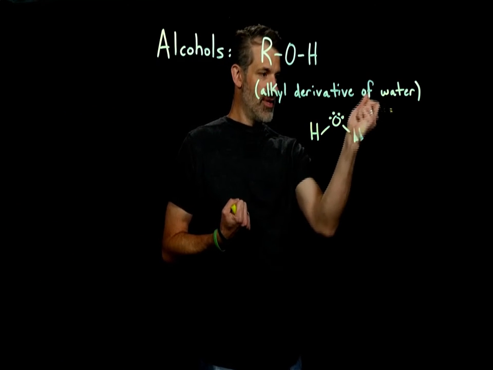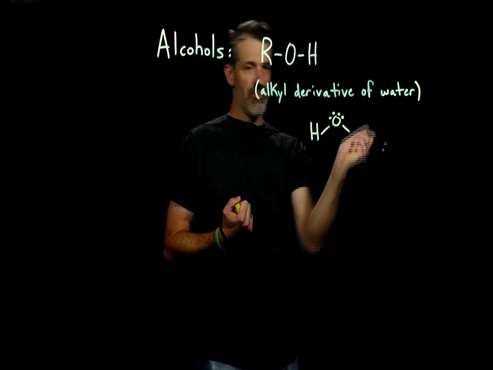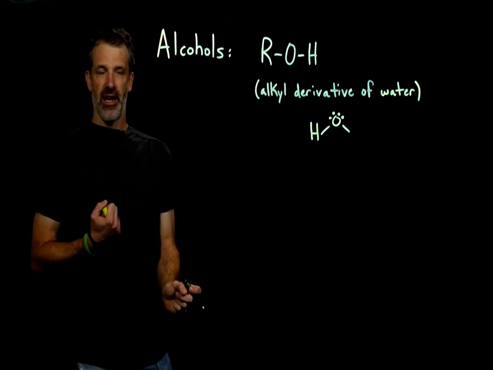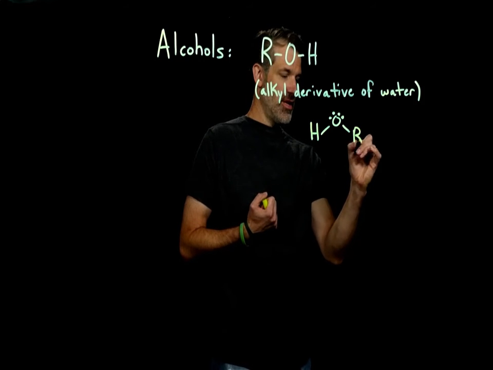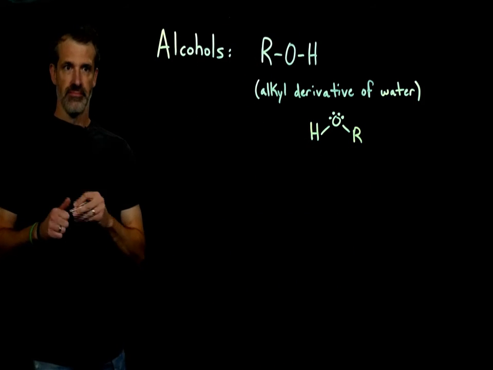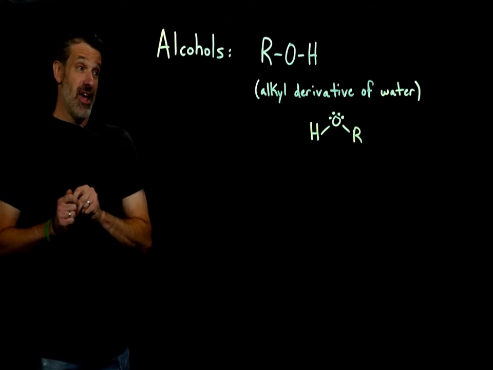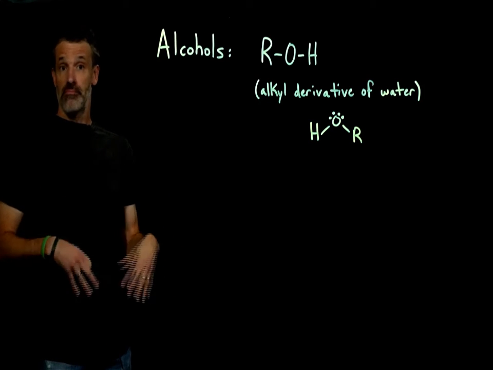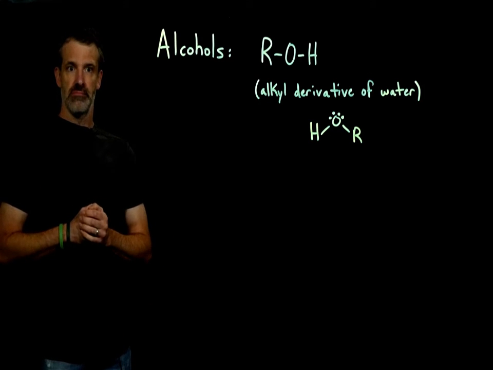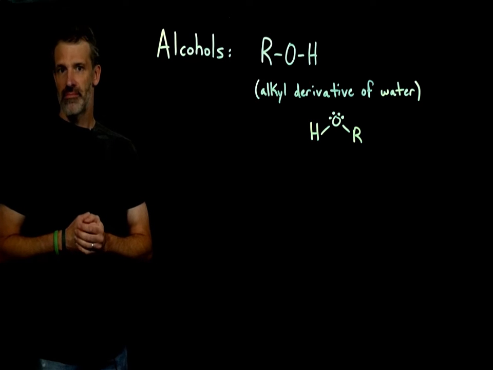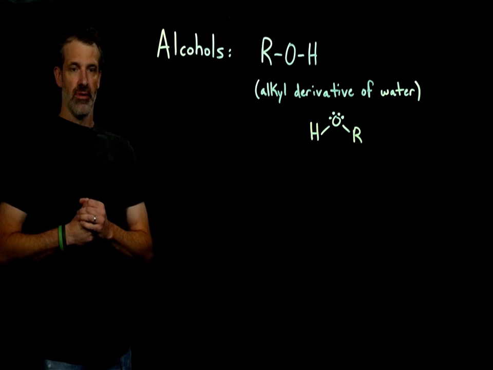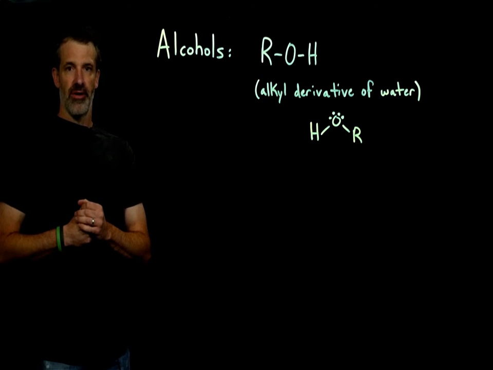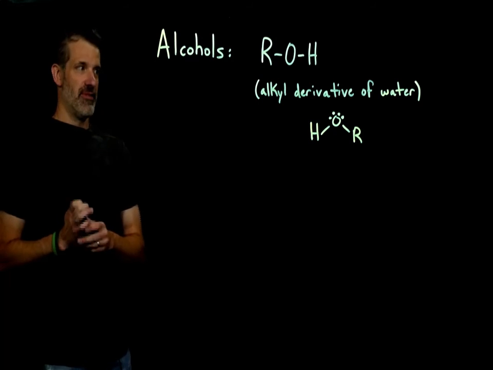And what an alcohol group does is it essentially replaces one of the two hydrogens with a carbon containing R group. So it is then a carbon or organic containing derivative of water. You're simply replacing one of the two hydrogens off of water to make this special derivative.